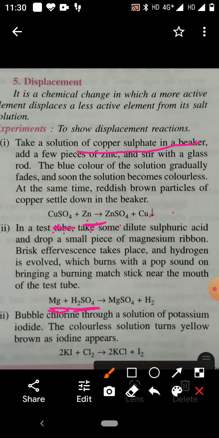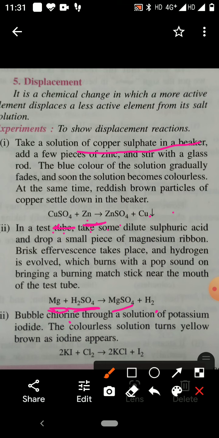Hydrogen is displaced by magnesium, as a result of which magnesium sulfate and hydrogen are produced. So magnesium is more reactive than hydrogen. Therefore hydrogen is displaced from the sulfuric acid by magnesium. This is an example of substitution reaction or displacement reaction.